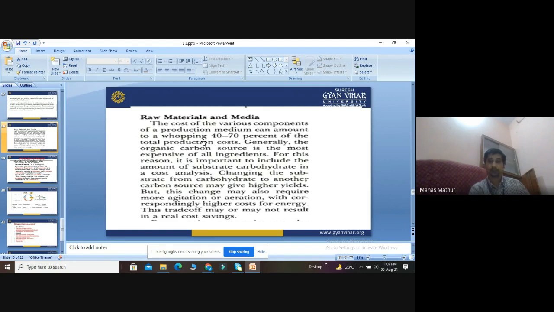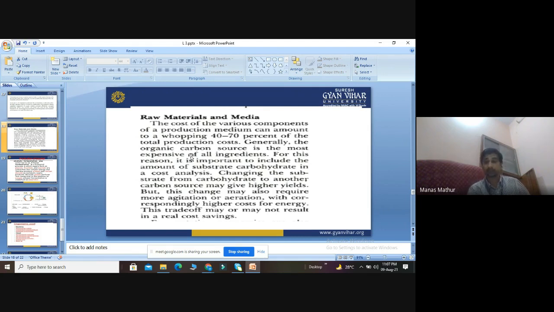Generally, the organic carbon source is the most expensive of all the components. It is difficult to get organic carbon, and it is difficult to bear its cost. So it is important to include the amount of substrate carbohydrates in the cost benefit analysis, because whenever there is hydrolysis of carbohydrates, they can produce a large amount of CO2.